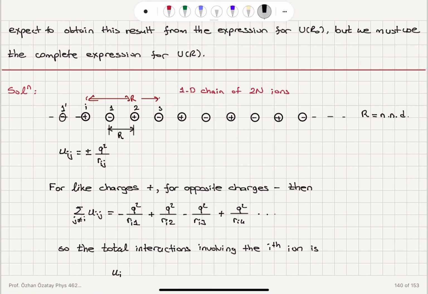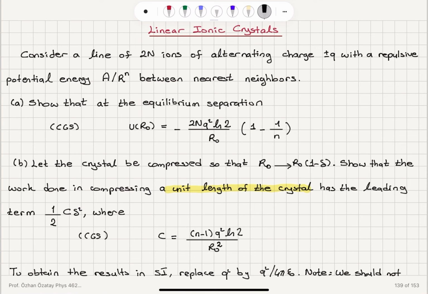U sub i is basically the sum over j not equal to i of Uij, this pair potential, and then we have the nearest neighbor repulsive term plus A divided by R to the power n. So this is what was suggested in the problem statement.